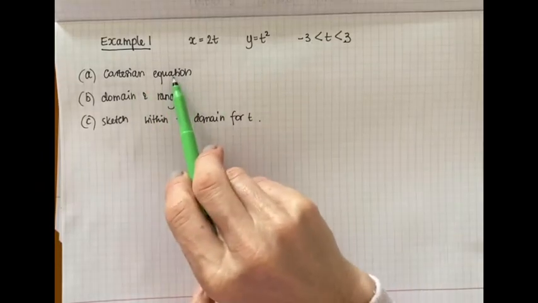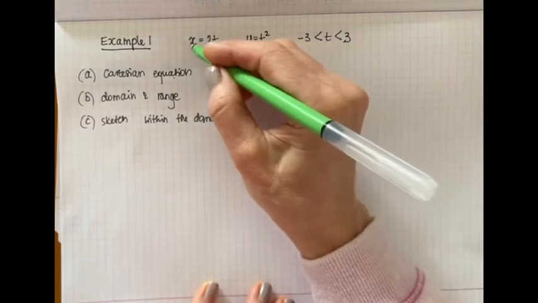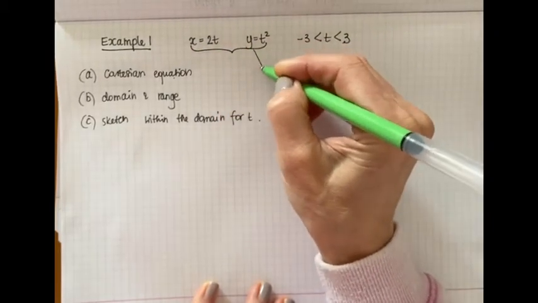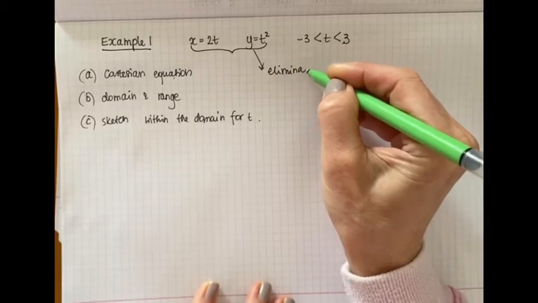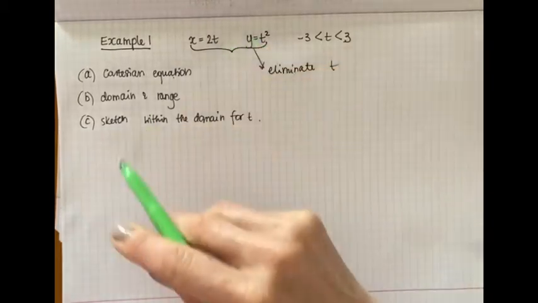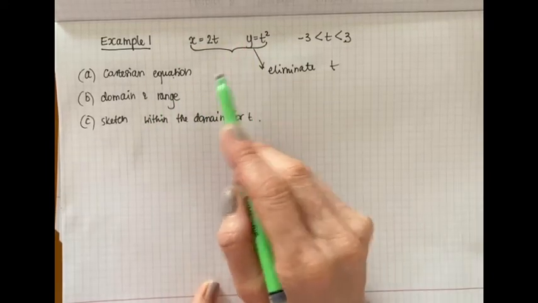To find the Cartesian equation means to get rid of t. So we need to look at those equations and eliminate t, so we find the combined equation, y equals a number of x's.